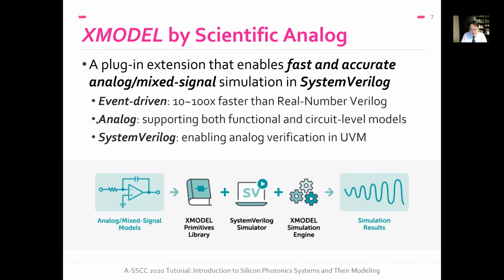And when it supports analog simulation, it not only supports functional model simulation, like just describing what the analog circuit does, but if required, you can model the analog circuits directly. What I mean by that is you can just draw transistors and resistors and connect them together to describe a circuit within SystemVerilog. And I'm not talking about SPICE here. And of course, by doing this, everything can be simulated within SystemVerilog, and we can achieve our goal.